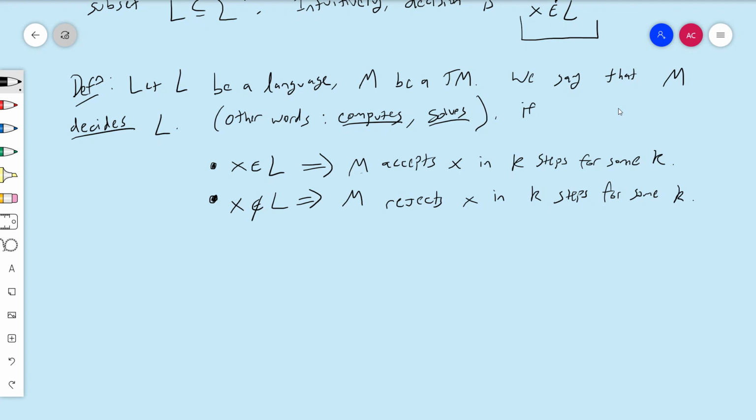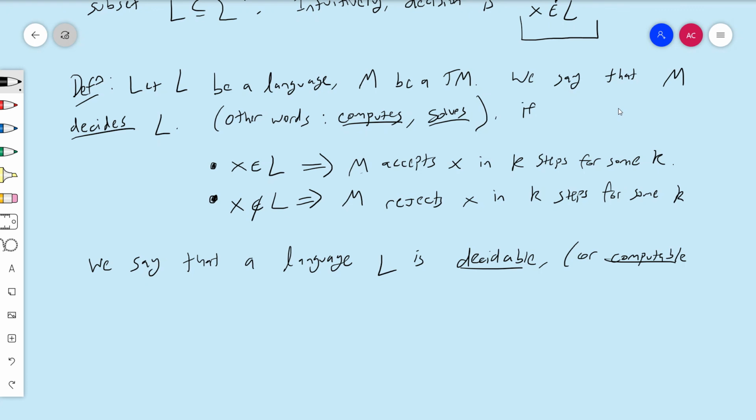So now we want to talk about the problems. We say that a language L is decidable, or computable, or solvable, or whatever.